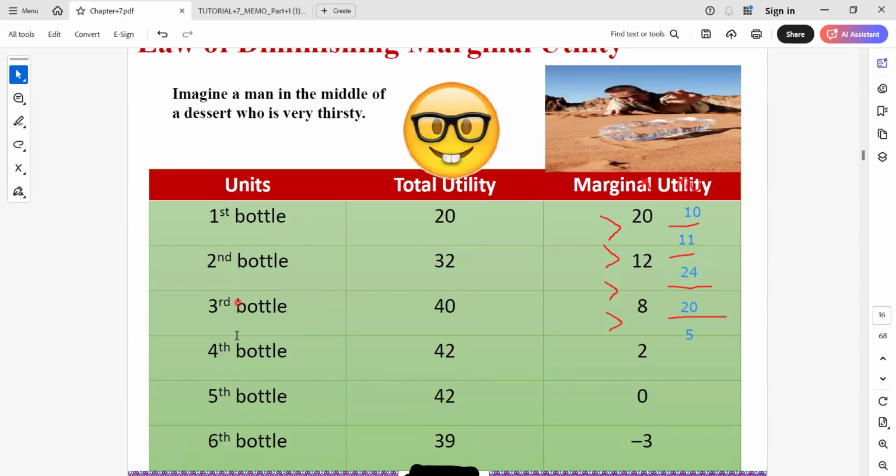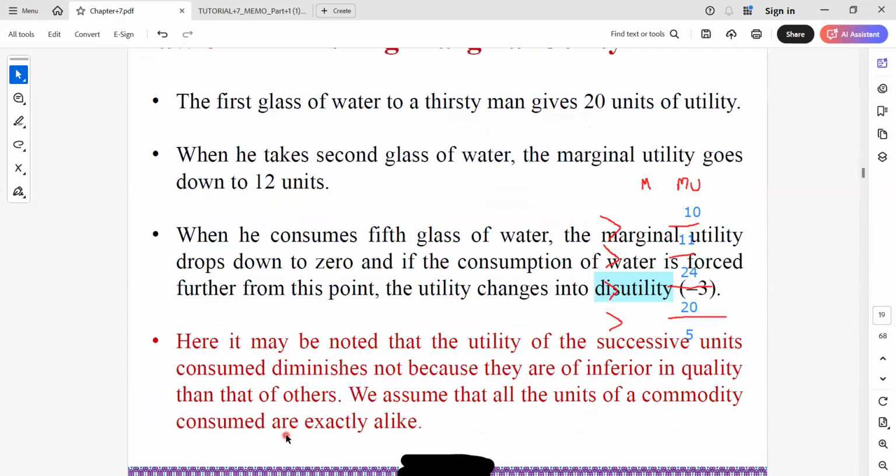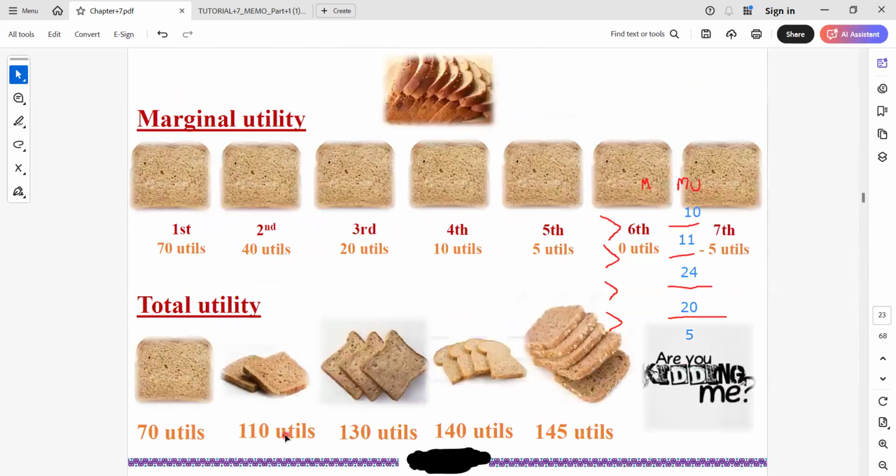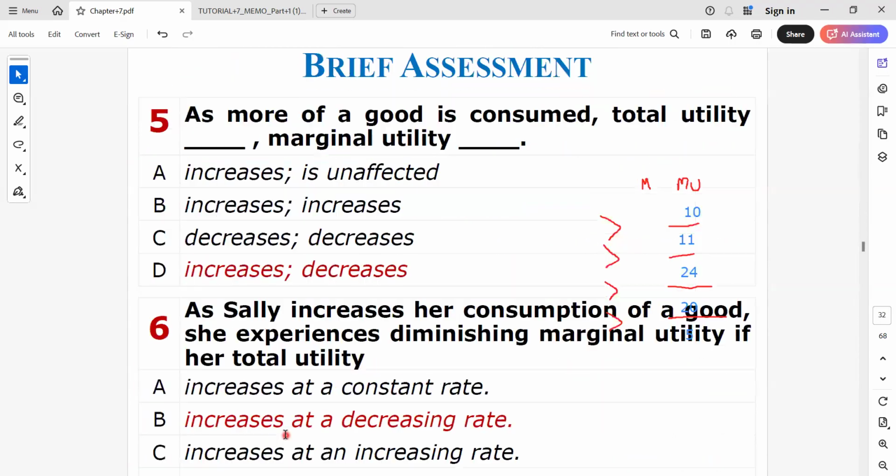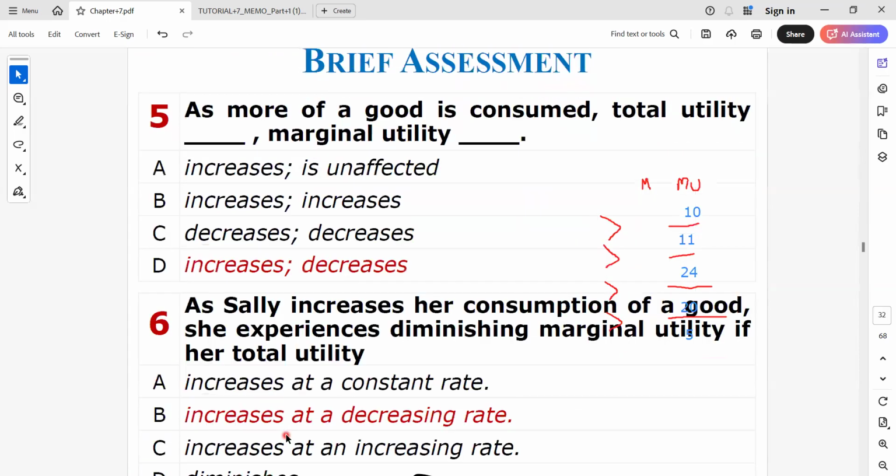So you don't add your units, because this was your first bottle you drank, this is the second bottle you drank, this is the third bottle you drank, and so on. So in total, you drank how many bottles? 6. So yeah, let me just go. I don't know what happened, but yeah, we all make mistakes.